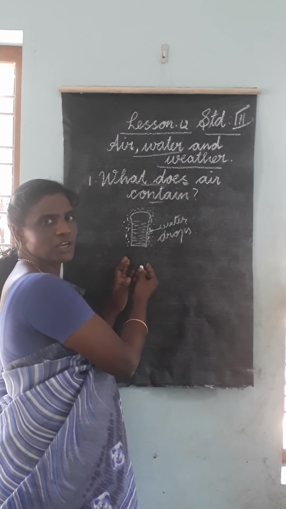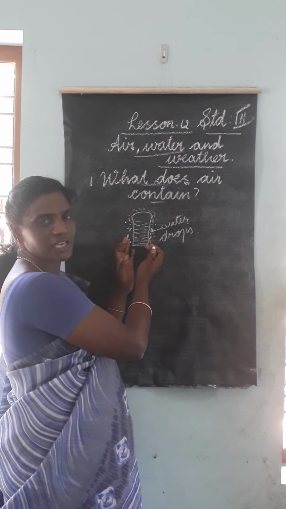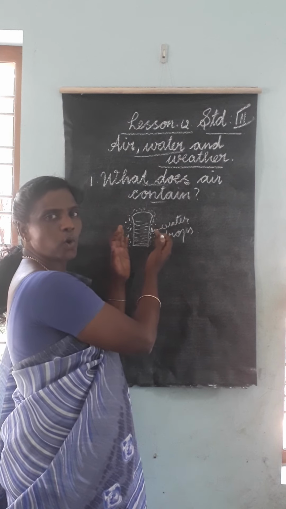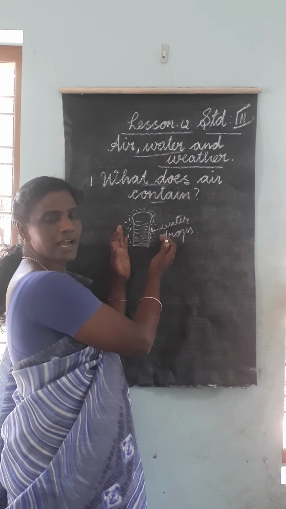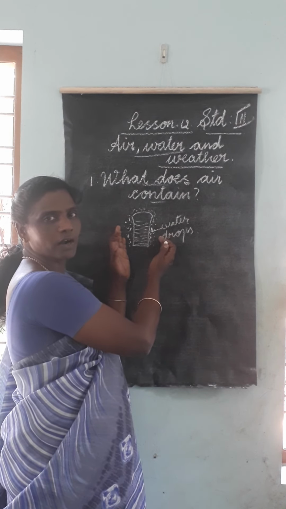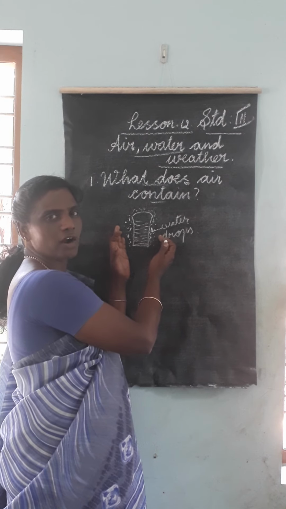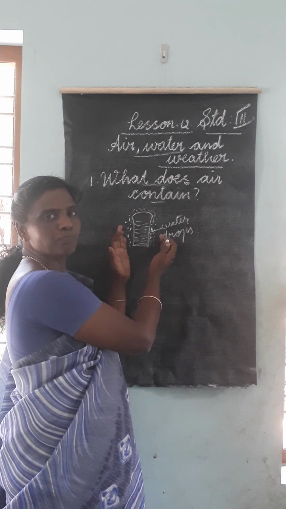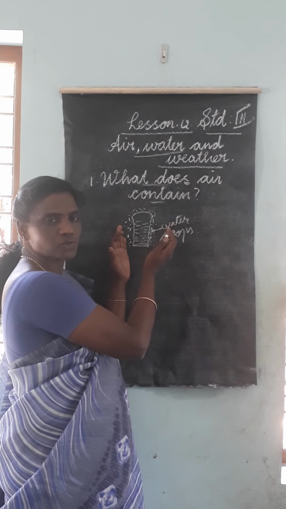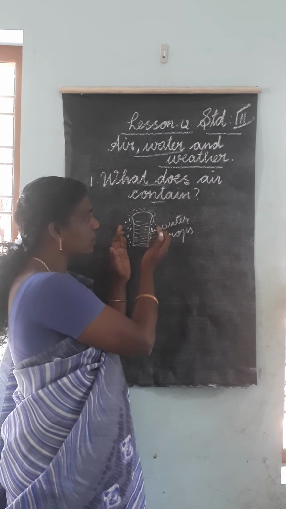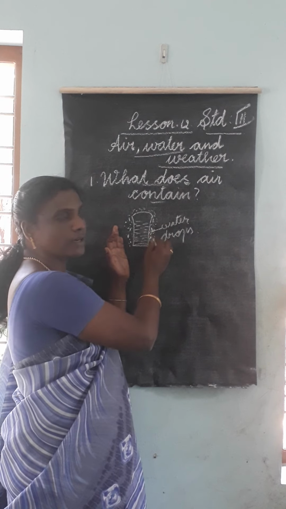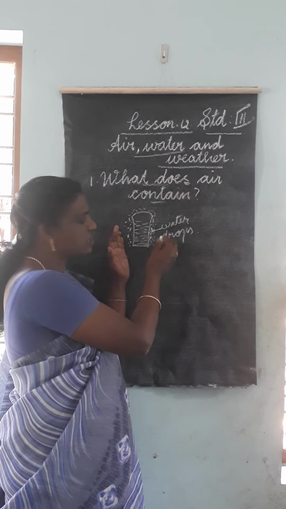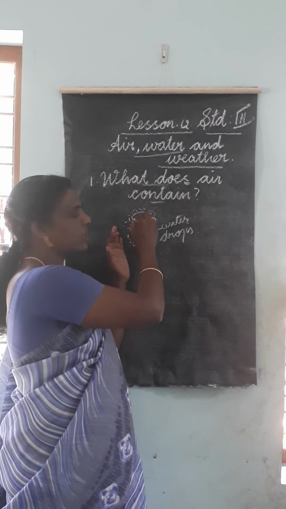Once again, all of you listen. If you take a glass of very cold water and place it on a table, you will soon notice water drops on the outside of the glass.